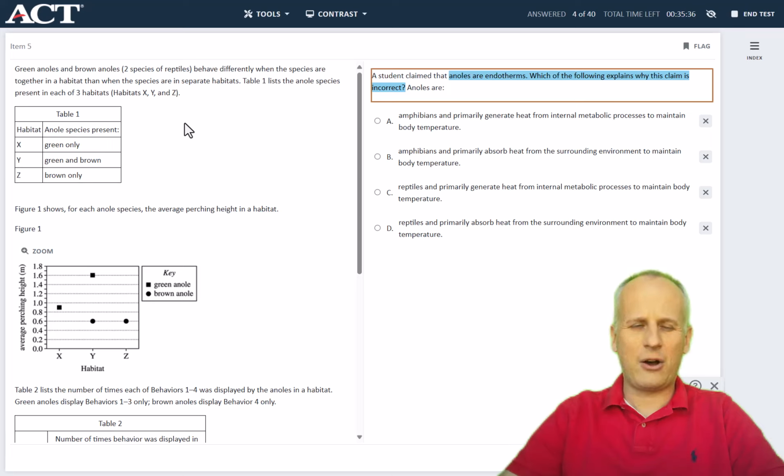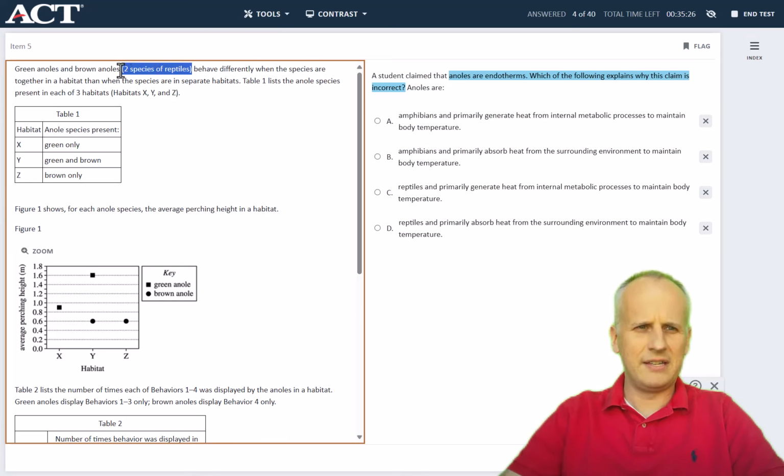You may now finally have to read this introductory statement, which says green anoles and brown anoles are two species of reptiles, and they behave differently when the species are together in a habitat than when the species are in separate habitats. So now we know at least what a green and brown anole is.